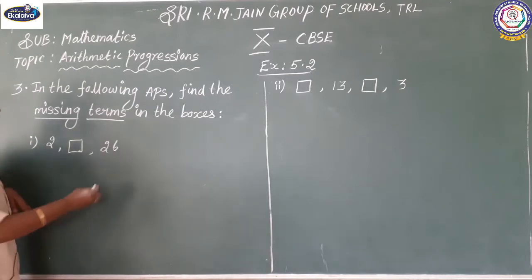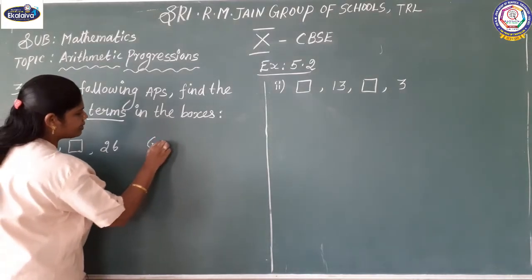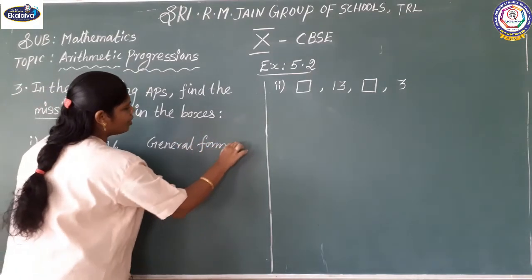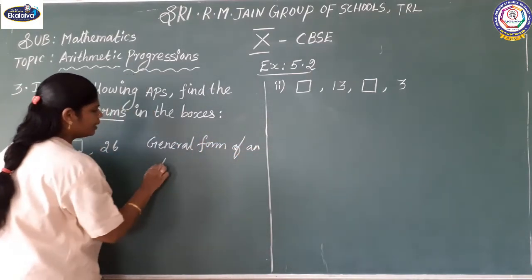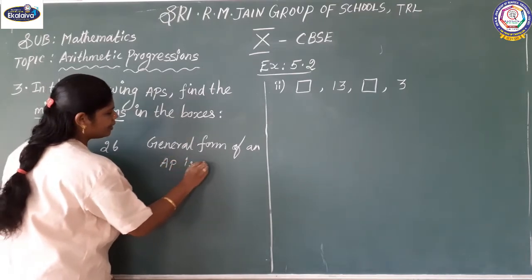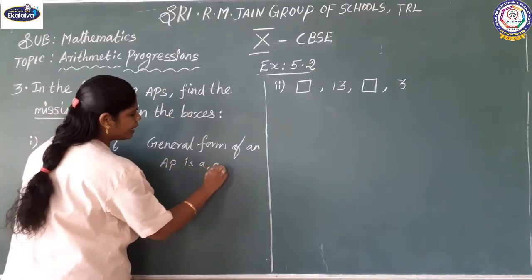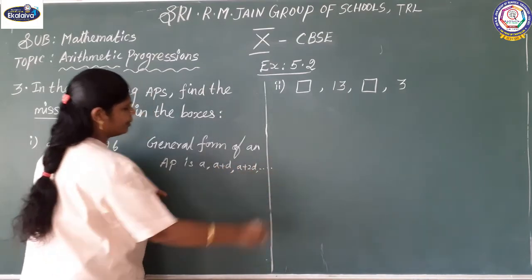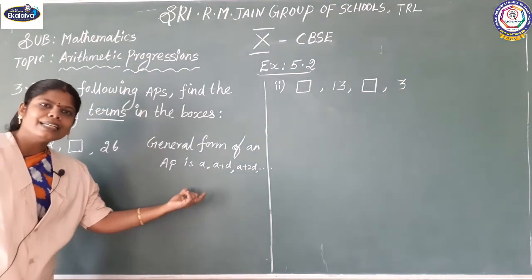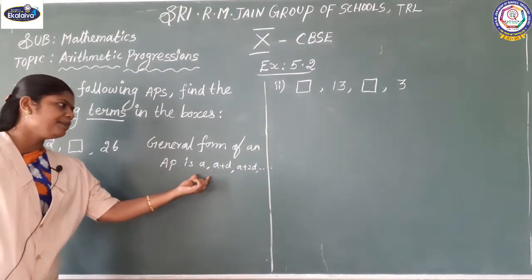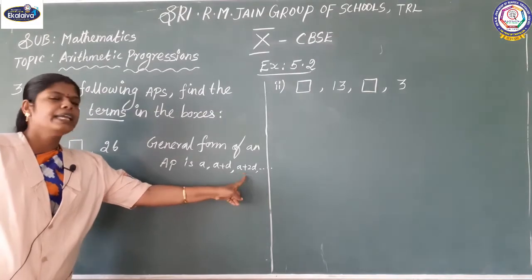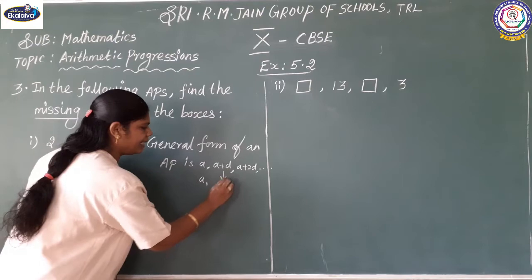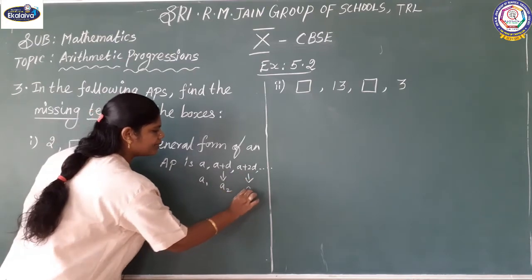The general form of an AP is a, a plus d, a plus 2d, etc. So this is the general form of an AP. This is the first term a1, this is the second term a2, this is the third term a3.